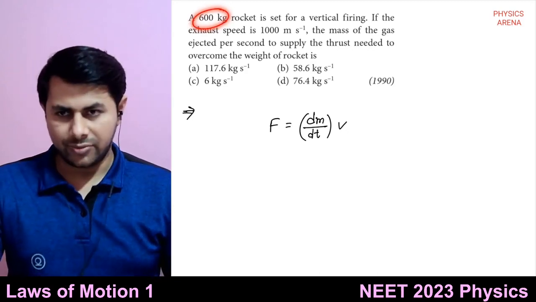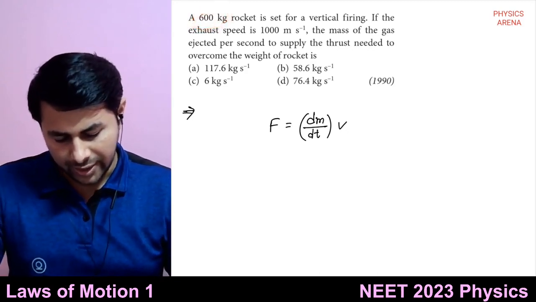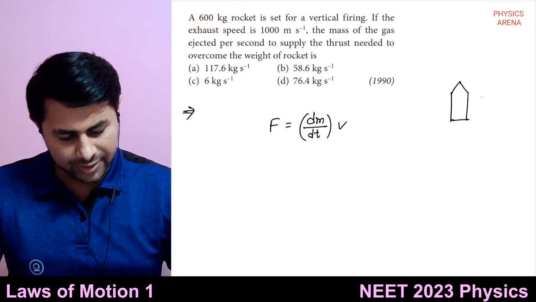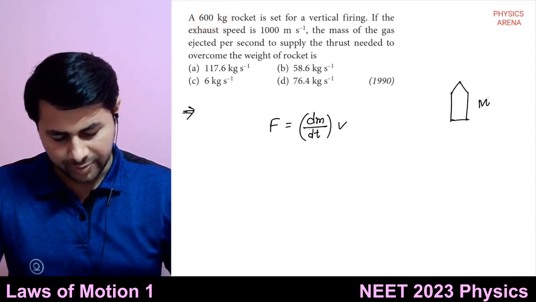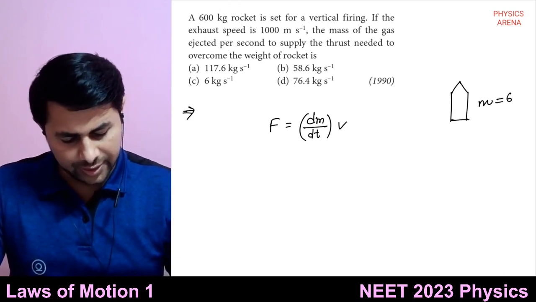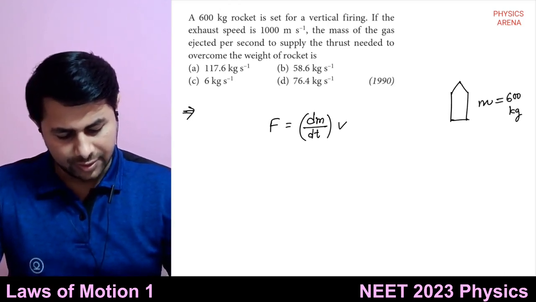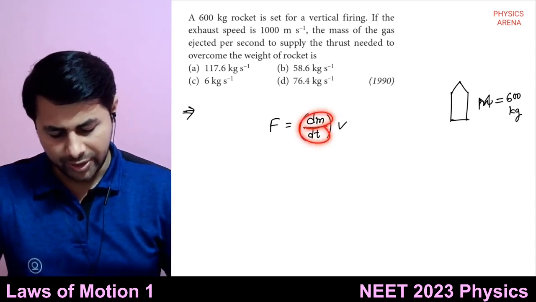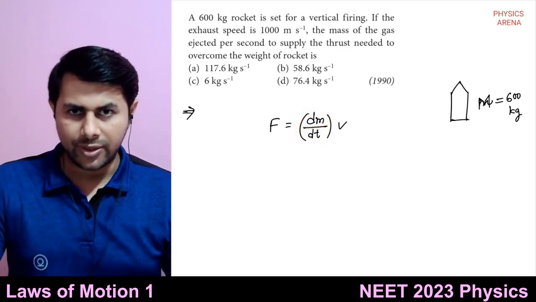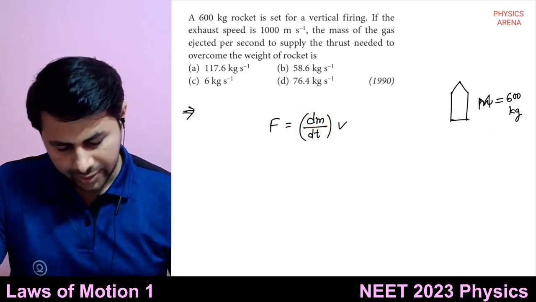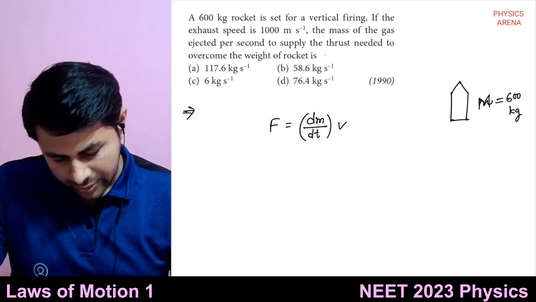Mass of the rocket is given. Suppose m is its mass, it is 600 kgs. Let's call it capital M. This dm by dt is for exhaust gases, small m is for exhaust gases. What do you want to do?